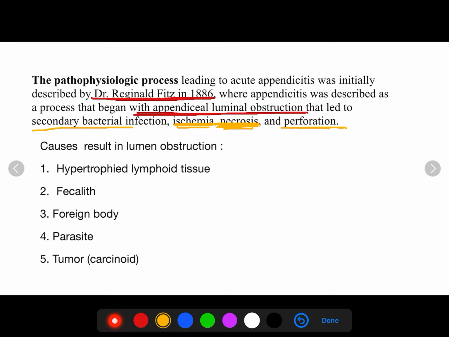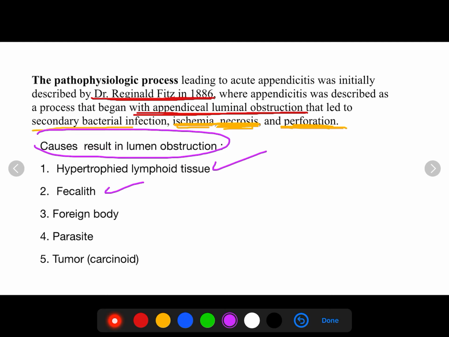ونecrosis إلى perforation. شنو الcauses مع luminal obstruction؟ أول شيء hypertrophied lymphoid tissue اللي تكلمنا عنها قبل شوية، الموجودة بالسبميوكوزا. لما يصير hypertrophy of this lymphoid tissue lead to the obstruction. Second cause هو الfecolith، لما يكون فيكوليث داخل اللومن ويسد الابندكس.